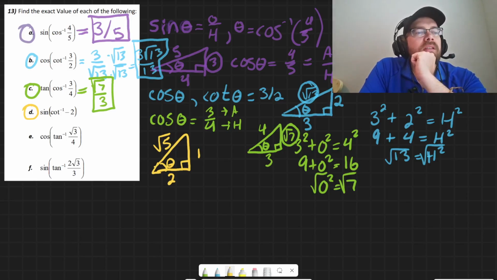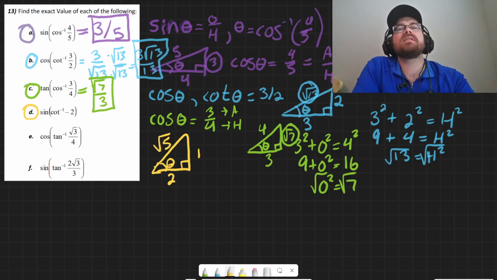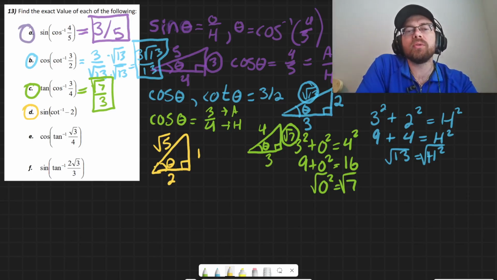And then if you flip it around to get the cotangent inverse, then you'd have it flipped on its side and it would still be a function. So the default negative quadrant for cotangent is going to be quadrant 2.